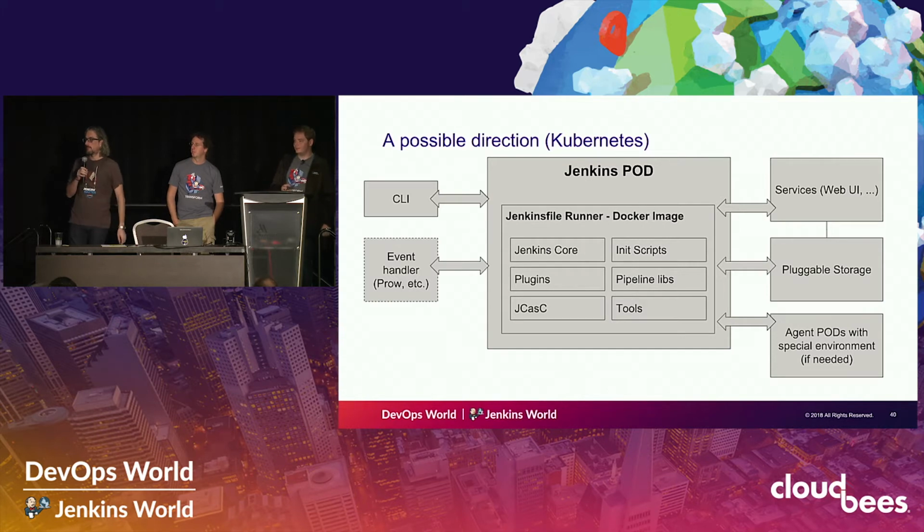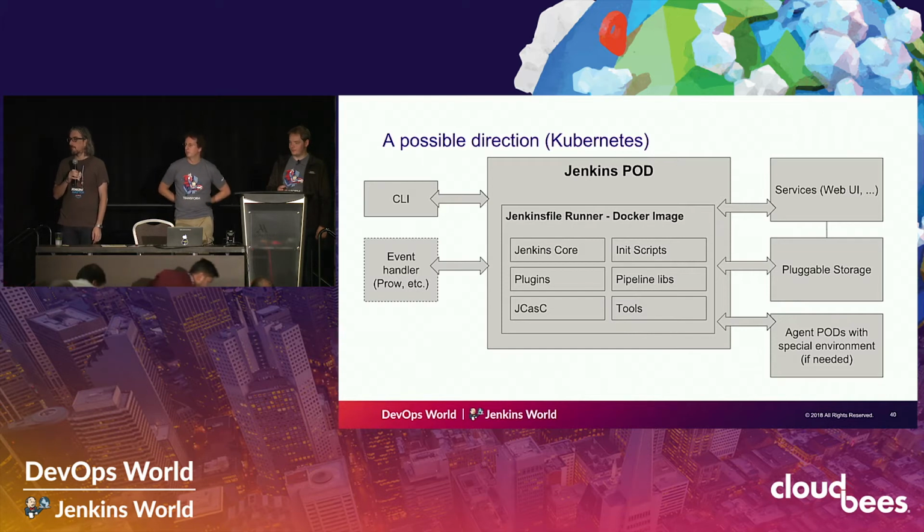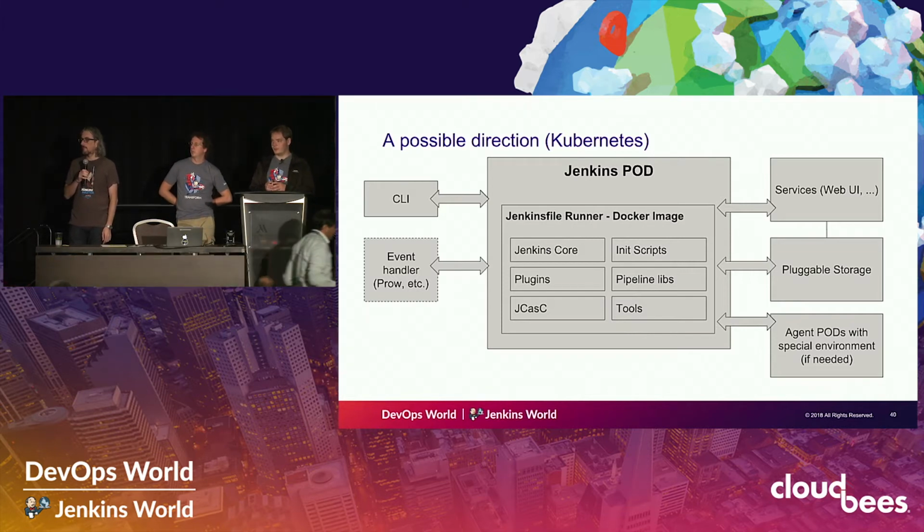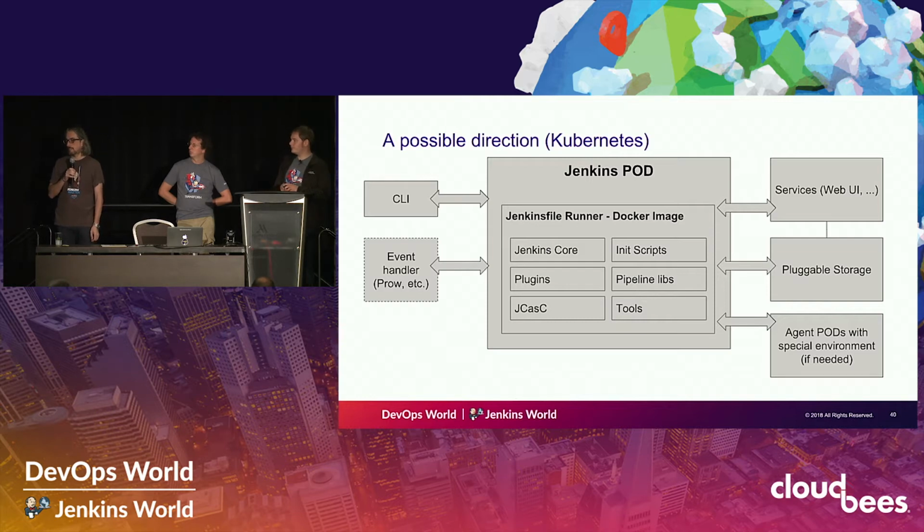So the demo you just gave is basically for single-master mode, correct? And I noticed on the slide you had something related to multi-masters, so possibly clustering or something. Yeah, so there is the idea. We don't think serverless Jenkins is going to fit everybody, and we don't try to make everybody use it.